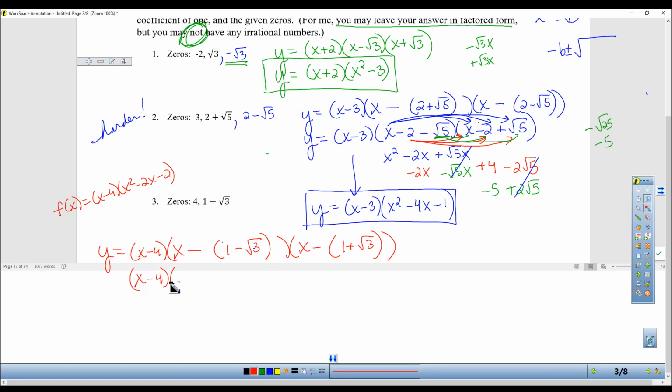All right, I'm going to go through this one a little bit quicker now that we've talked about it. Not that quick, though. X minus 1 minus the square root of 3.